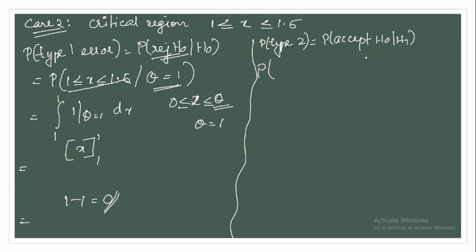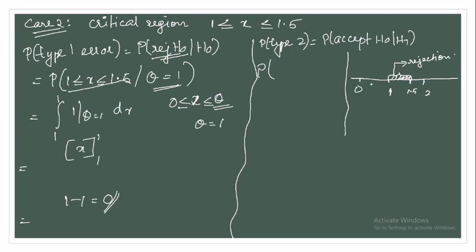For that I'm going to show you one thing. I'm going to draw a number line. Let this line start from 0, 1 and 2 over here, and somewhere over here is your 1.5. It is said that 1 is also included. The region 1 to 1.5 is actually a rejection region, according to your question.